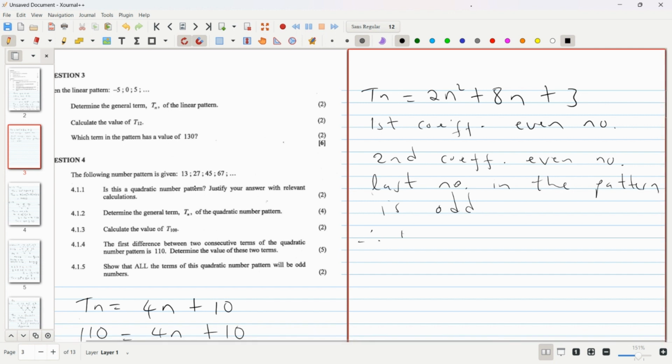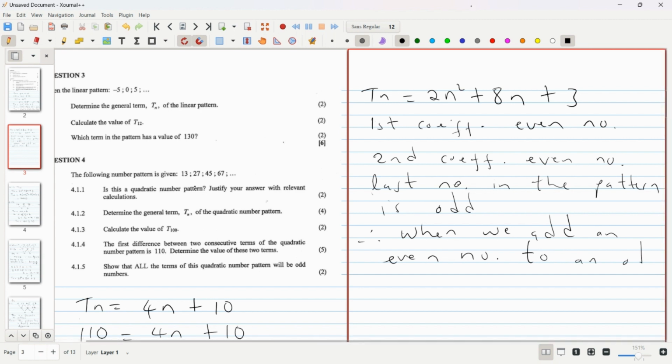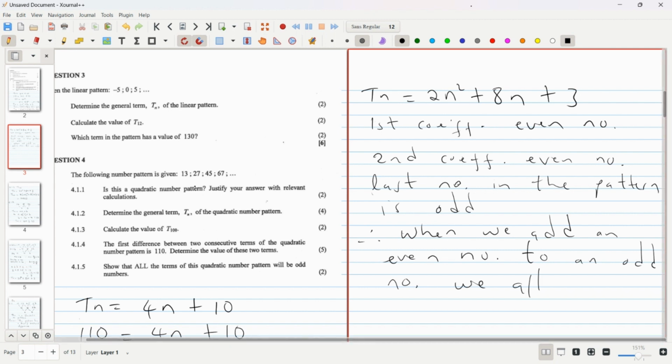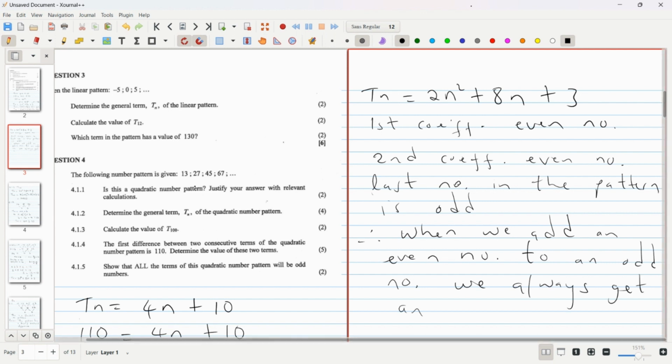Therefore, when we add an even number to an odd number, we always get an odd number, right?